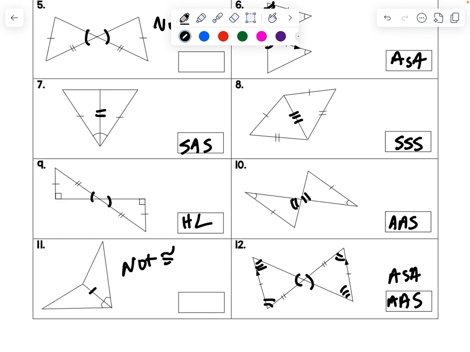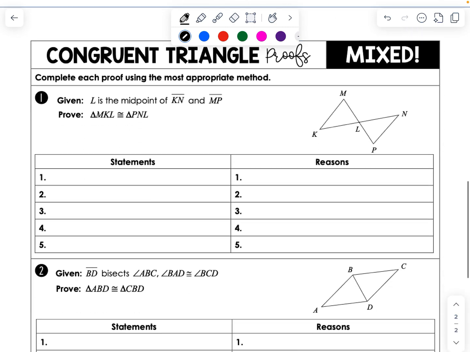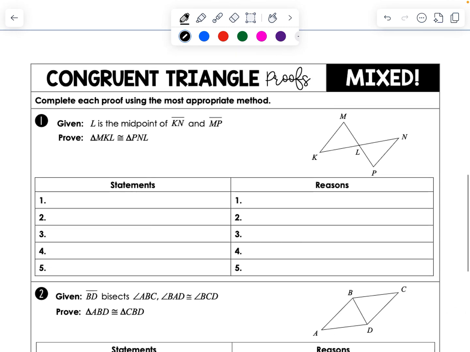All right, let's do a couple of proofs here. Again, we don't really know how we're going to prove these. Let's write down the given. L is the midpoint of KN and MP. So let's just do some marking.